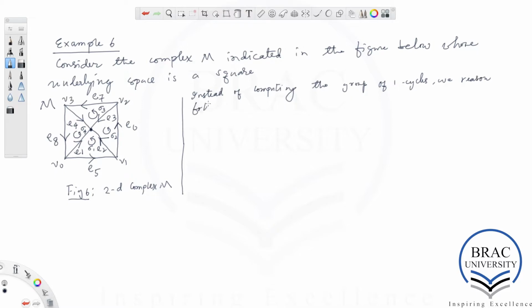We take shortcuts in the following way. Given a one chain C, so we take a generic one chain C on this complex M.